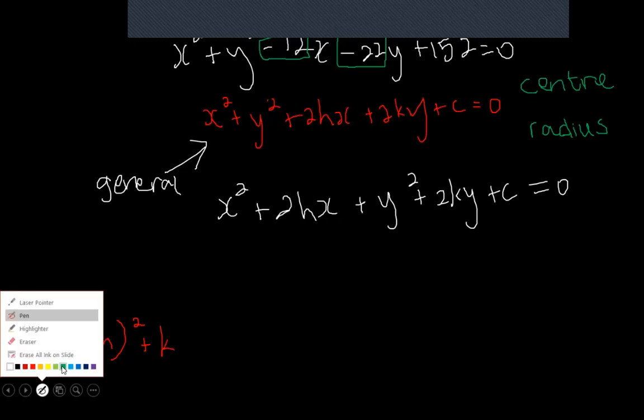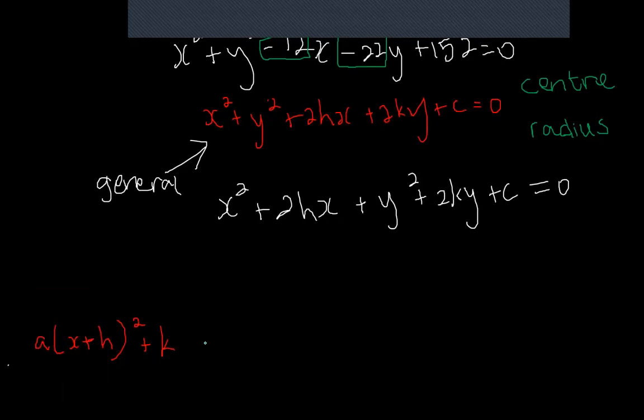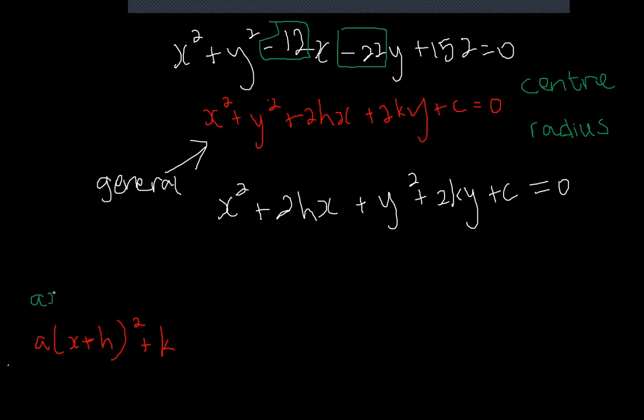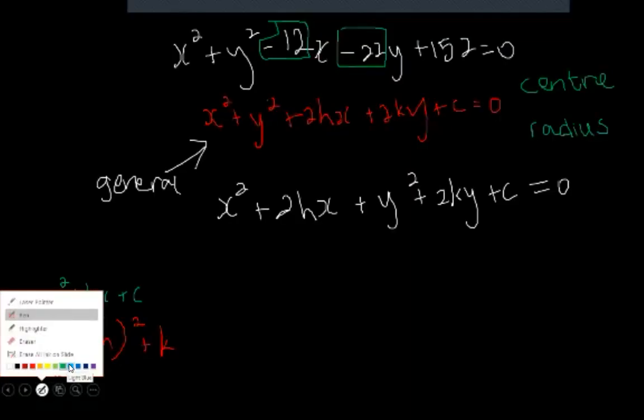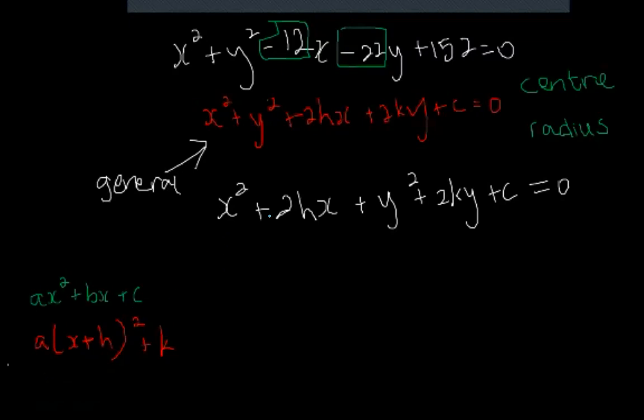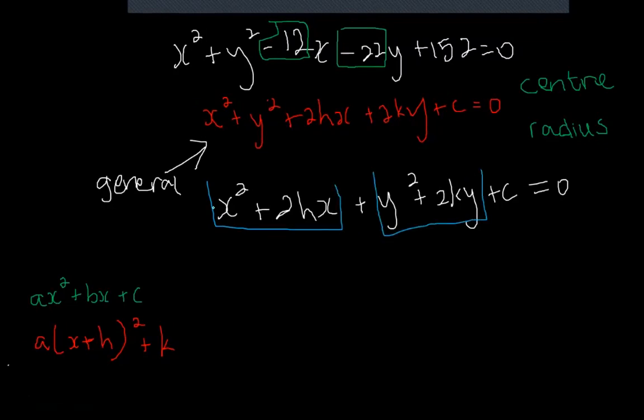And this is what the general form of a quadratic looks like: ax squared plus bx plus c. If I wanted to complete this square, let me use blue. So a, which is the coefficient of x squared, is 1 in this case. Right now we're looking at this first blue box.